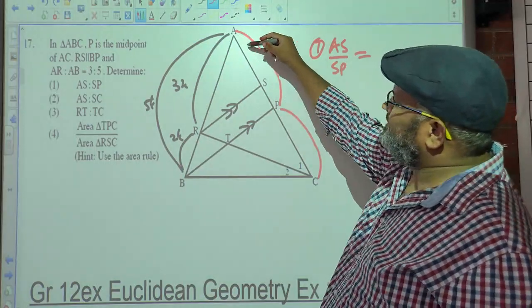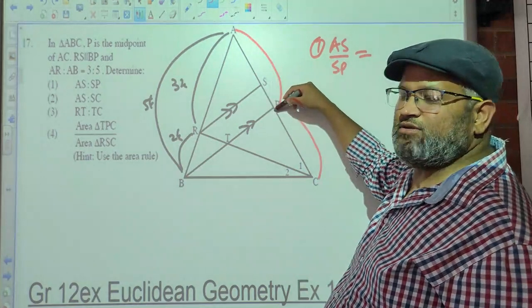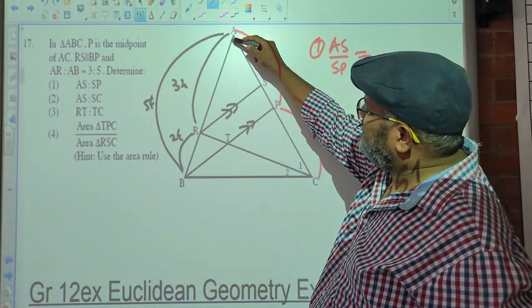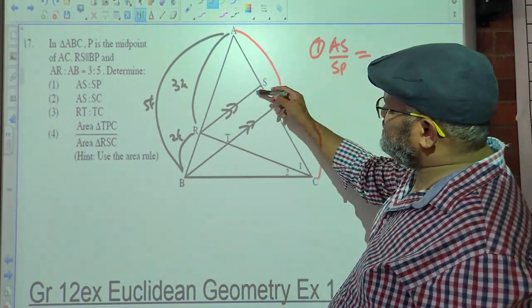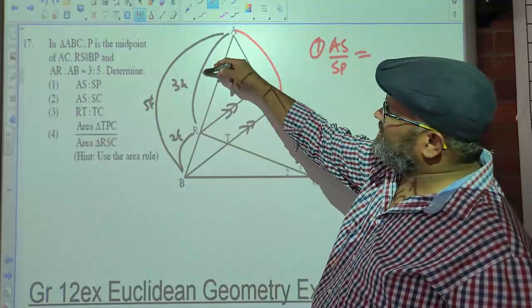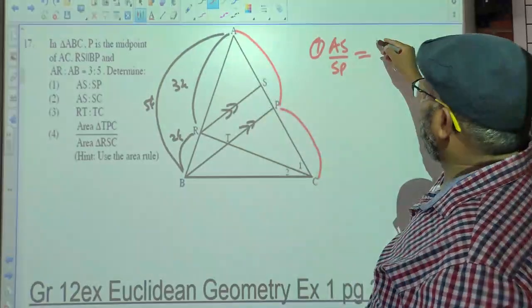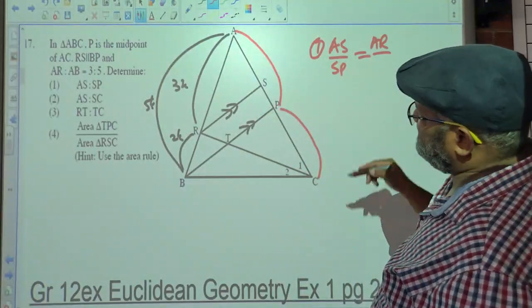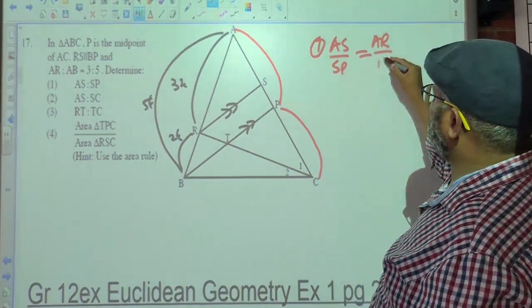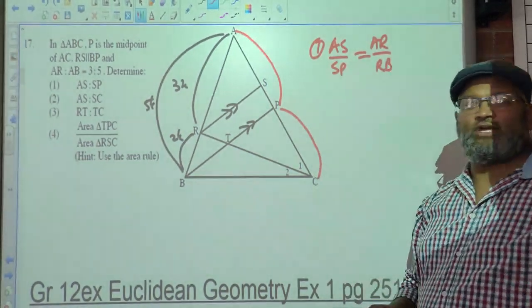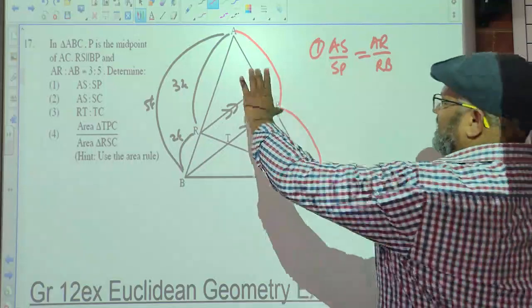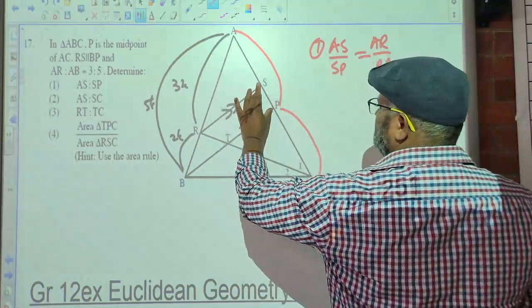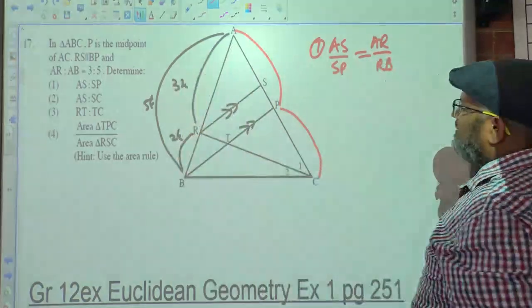AS over SP, if you parallelize, will be AR over RB. Is that correct? AS over SP is equal to AR over RB.